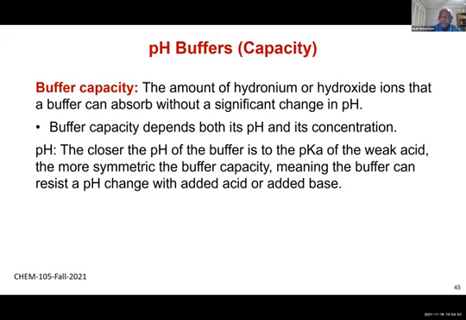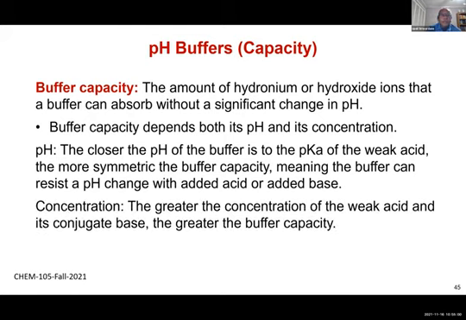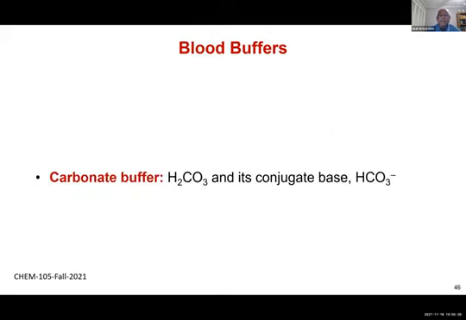So the solution has to have a pH close to the pK value of the weak acid. Also, the greater the concentration of the weak acid and the conjugate base, the greater the buffer capacity. In the previous example, boric acid and sodium borate, the greater the molarity of these equal concentrations of weak acid and conjugate base, the greater the buffer capacity.